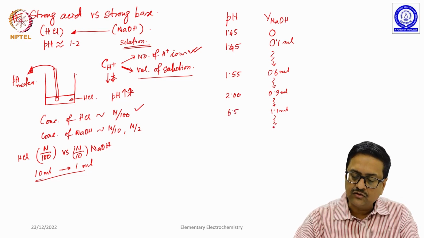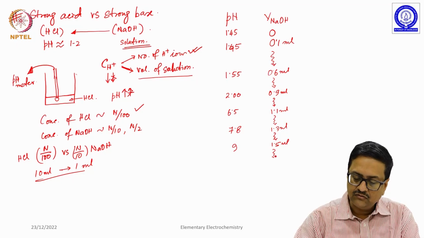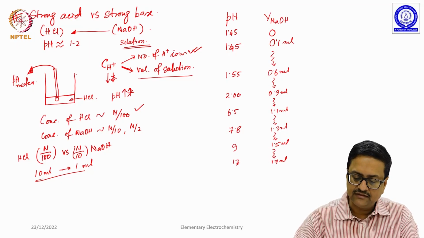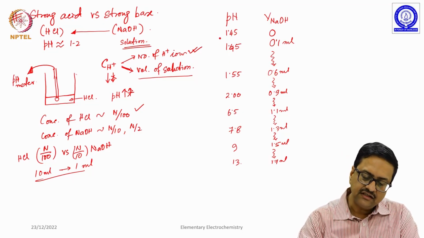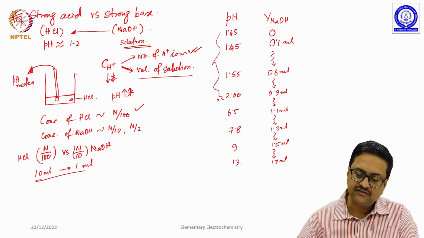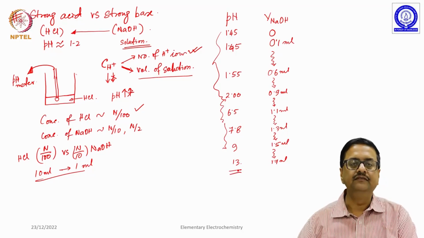Suppose then you go to 1.3 ml, it goes to 7.8, and then at about say 1.5 ml, it goes to 9, and about 1.7 ml, it goes to 13. So, what you see is that initially there was no increase much, then the pH started jumping and it has gone to a very high value and reached 13.